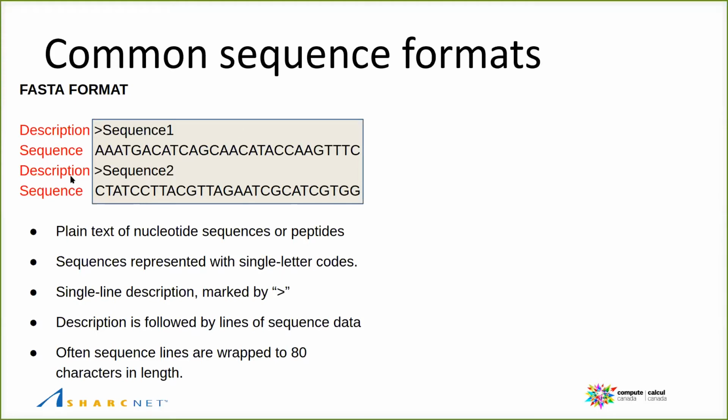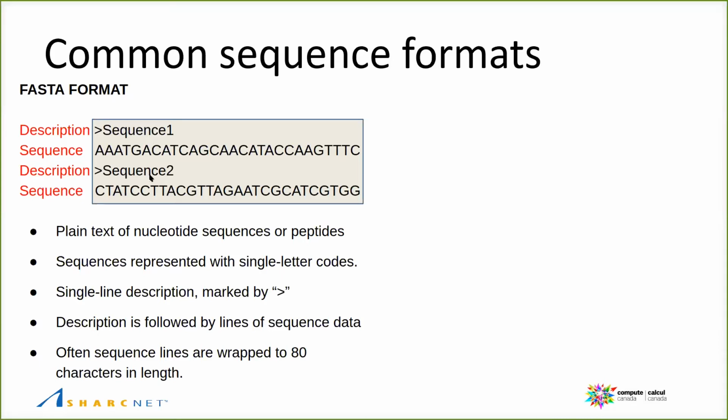It's plain text normally, used to represent sequences of nucleotides or peptides, so protein or nucleotides. They are represented in single letter codes. If you don't know what the codes mean, you should go back or Google it, because we're not going to go into details of that.